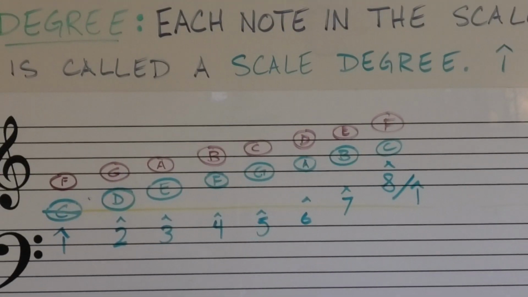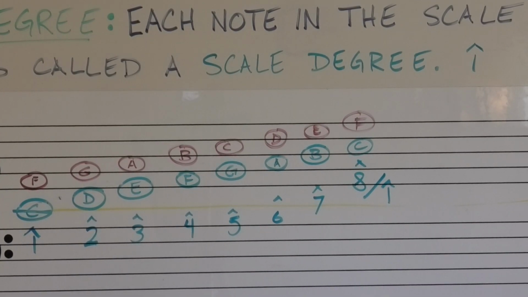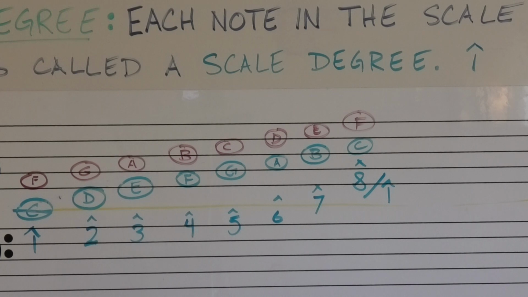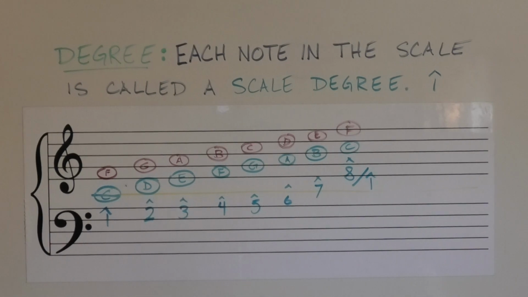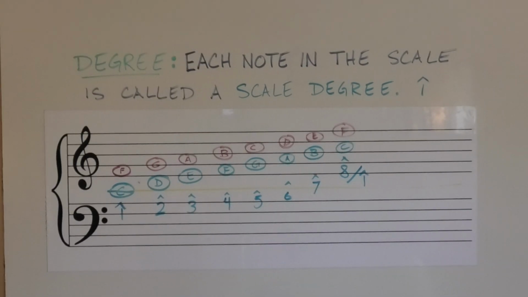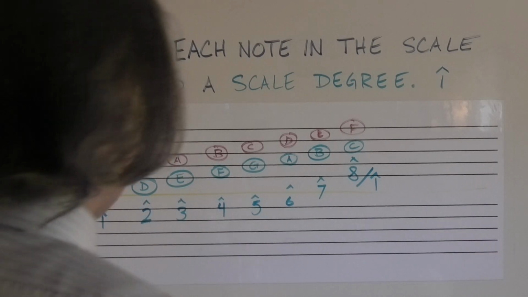So we say 7, 8 in practice. That doesn't mean when we're practicing piano at home. That means when we're playing or singing or actually doing it, as opposed to theory, which means thinking about it. When you say in theory, it means you're working it out on the whiteboard or you're thinking about it, or in mathematics. When you say in practice, it means you're actually doing it. You're playing or singing it.